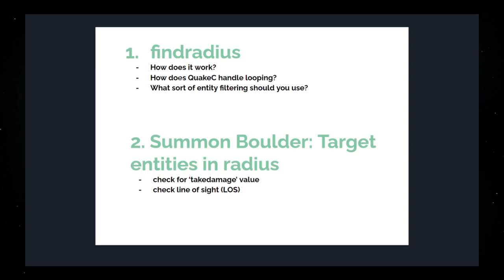We'll touch on a little bit of how Quake C handles looping, especially through entities. It's a bit janky. And then what sort of entity filtering should you use? Because whenever you use findradius for something like a weapon where you're planning to do damage to enemies, findradius will find all kinds of entities that shouldn't take damage.